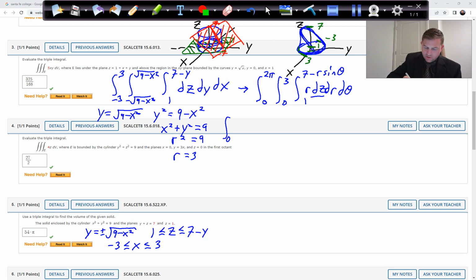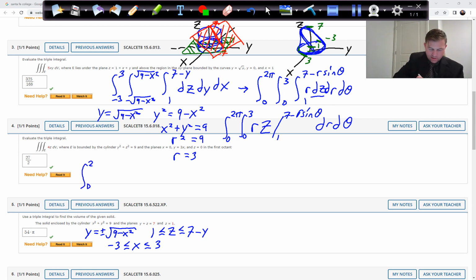but there is no z, so this is just going to be 0 to 2 pi. Radius goes from 0 to 3 of r times z, but we're going from 1 to 7 minus r sine theta. Then we have dr, then we have d theta. So we're going to get 0 to 2 pi, 0 to 3 of r times 7 minus r sine theta minus 1, the lower limit.